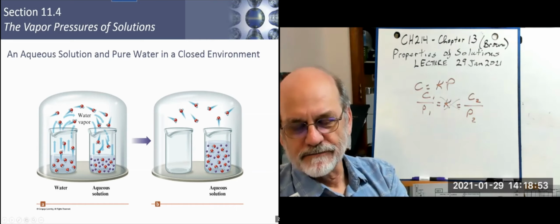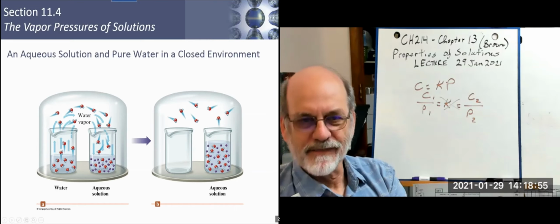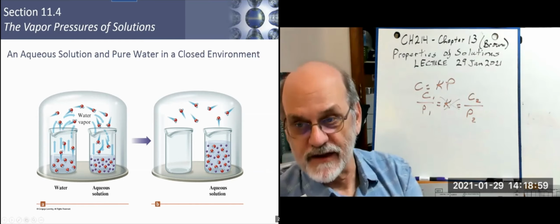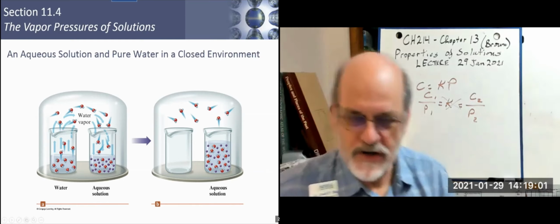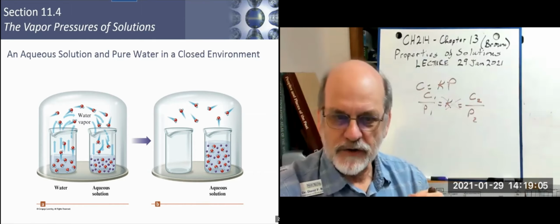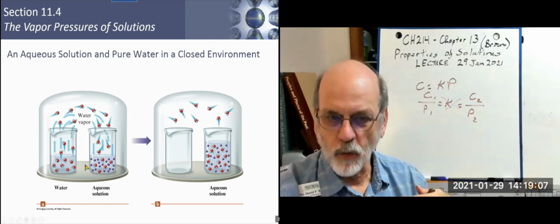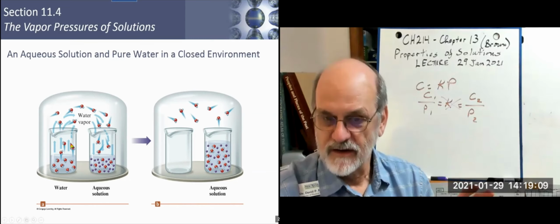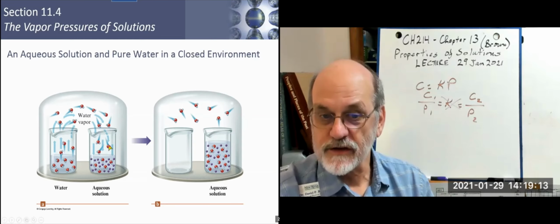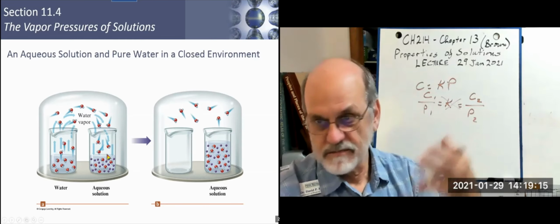This is an interesting experiment to conduct. I've done this before as a demonstration. If you have a bell jar and you put 2 beakers in here, and one of them is pure solvent, pure water, and the other one is a concentrated solution of something.